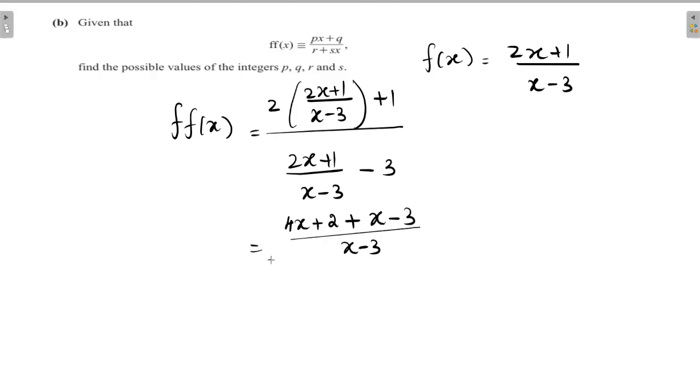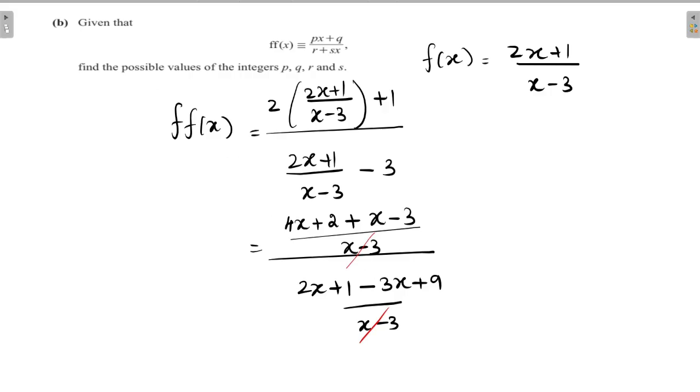This is our entire numerator, and the denominator is 2x plus 1 minus 3x plus 9 divided by x minus 3. This x minus 3 we can cancel.